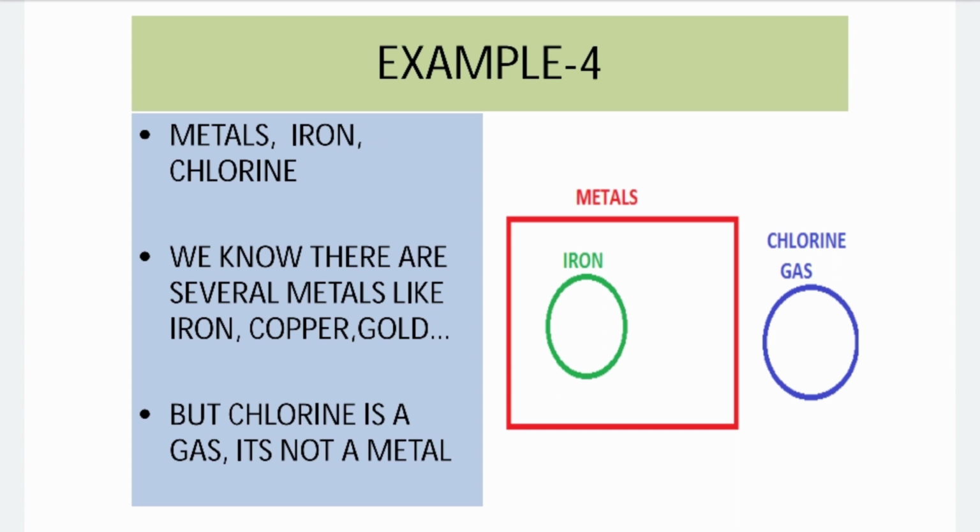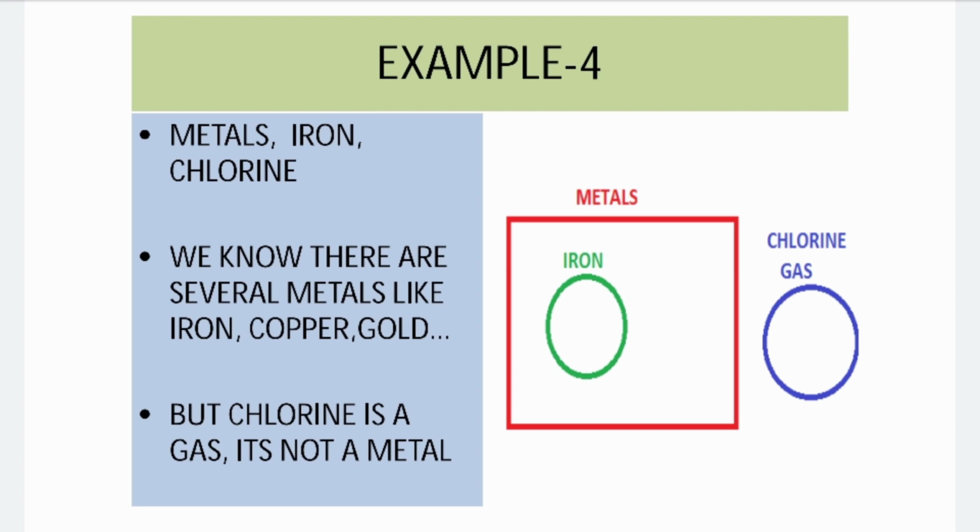So coming on to the fourth example, the relation between metals, iron and chlorine. What's the relation between metals, iron and chlorine? Most of you know that metals consist of iron, copper, gold, silver and so on. But here they gave chlorine, which is a gas and it's a non-metal.